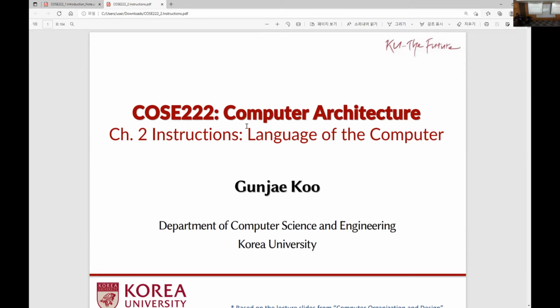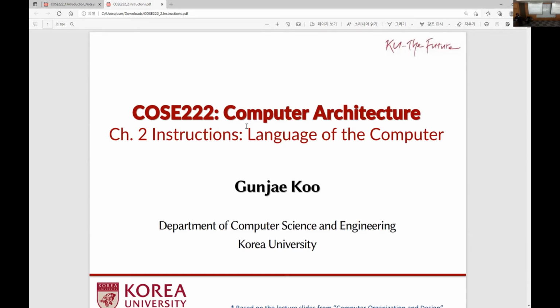And that's right, actually. But the programming language is a kind of software. As I mentioned, computer hardware cannot understand high-level languages, because high-level languages are very similar to our normal languages, such as English. Computers cannot understand them. So what does that mean? Instructions, language of the computer.